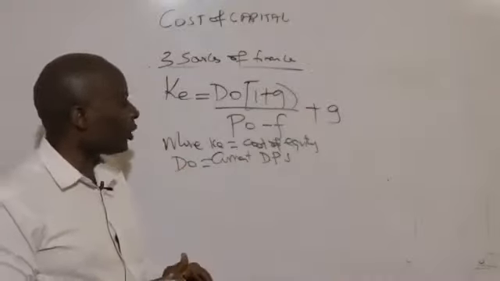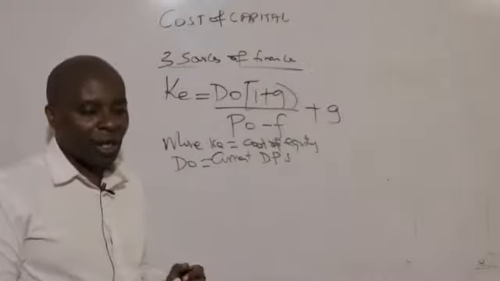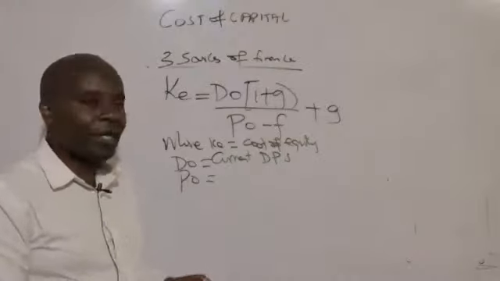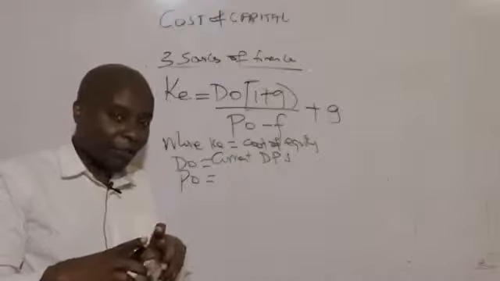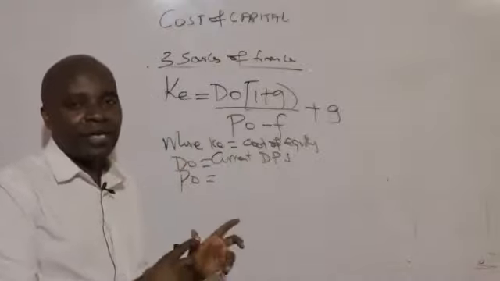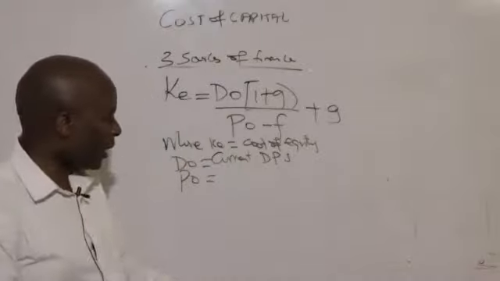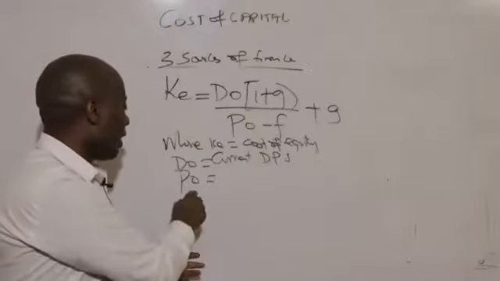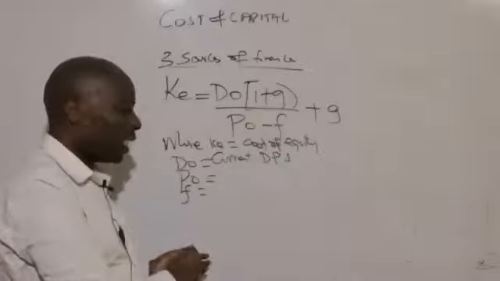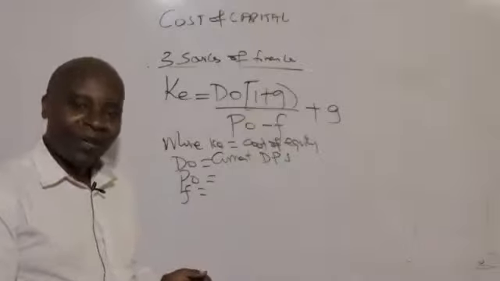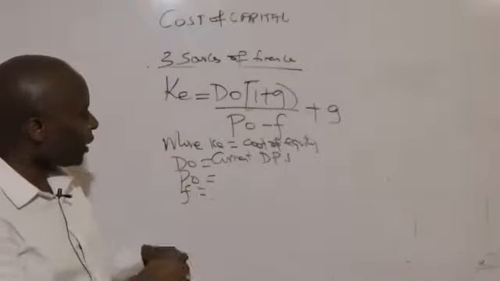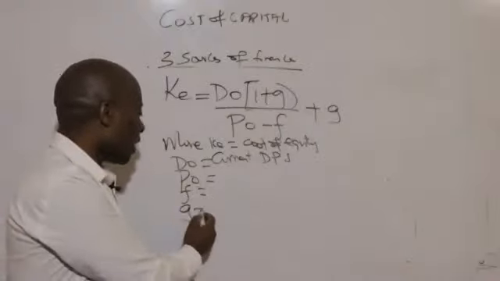And then we have P0. P0 is the current market price per share. Current because of 0. And then we have got F. F, ladies and gentlemen, stands for what here? Flotation cost. And then we have got G. G stands for growth rate.